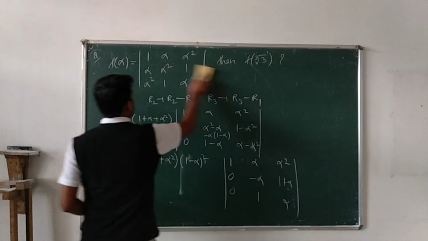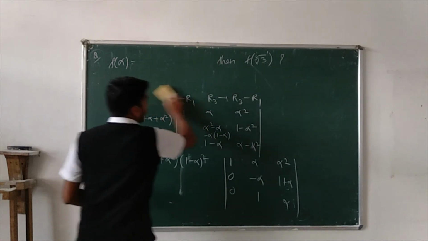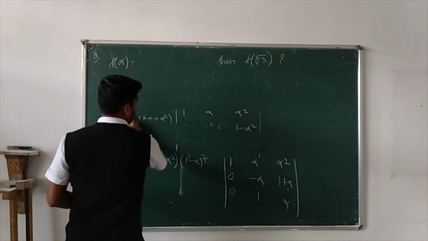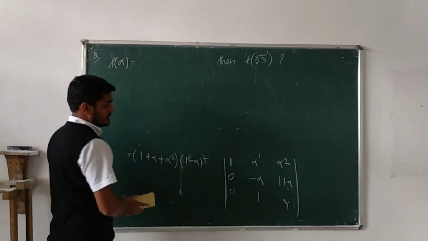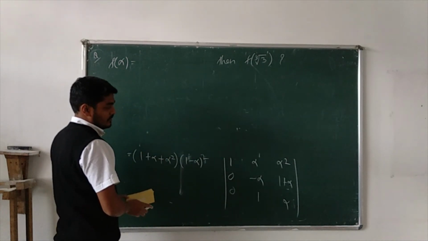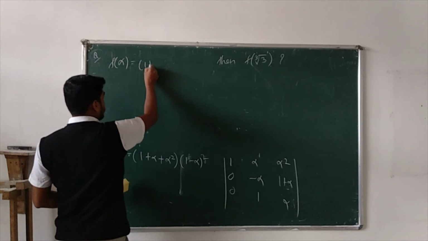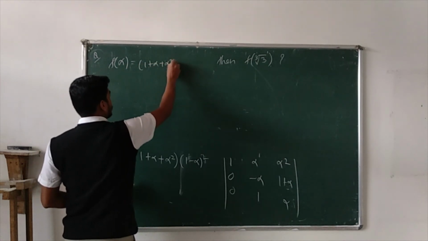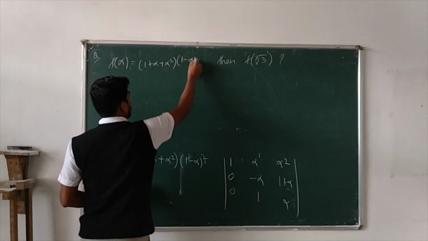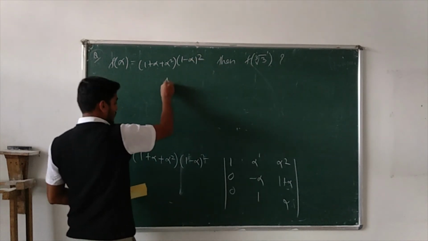So now we can simplify this easily. Expanding with respect to the first column, we will have 1 plus alpha square, so it will be 1 minus alpha whole square. So what is the next one?